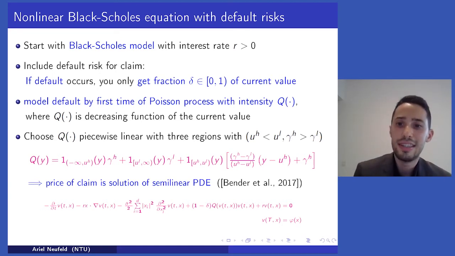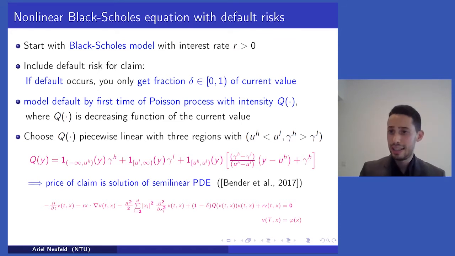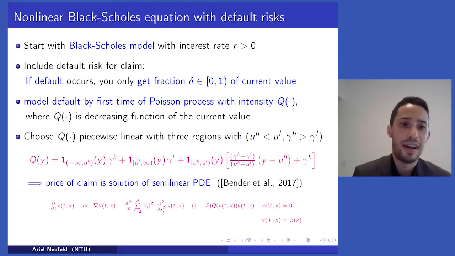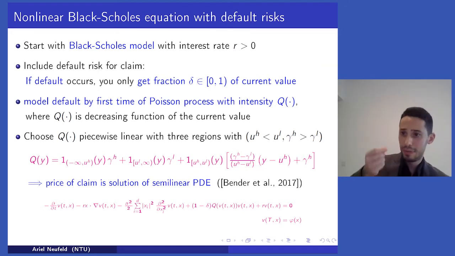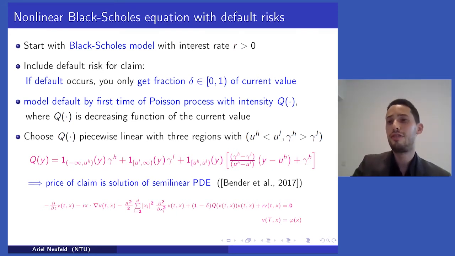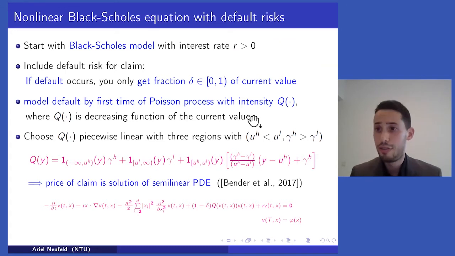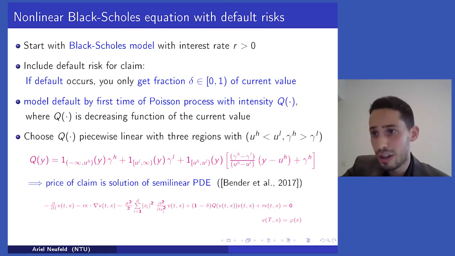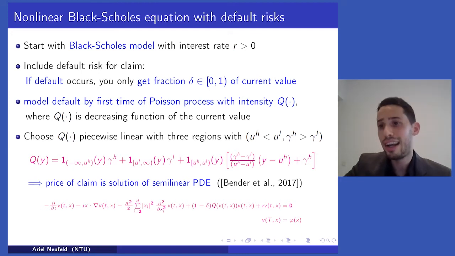It is a generalized Poisson process in the sense that the intensity Q depends on the position of the PDE, on the value of the financial derivative. And we assume, and I will tell in a second why this is reasonable, that it is actually a decreasing function of the current value of your financial derivative. Why does it make sense? Because the less value your financial derivative has, the higher the risk of default.